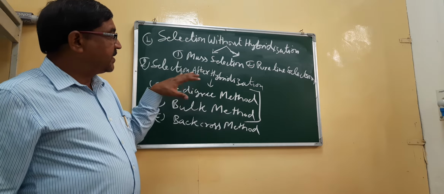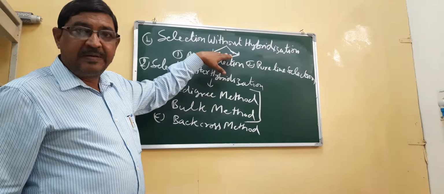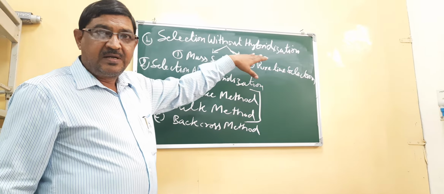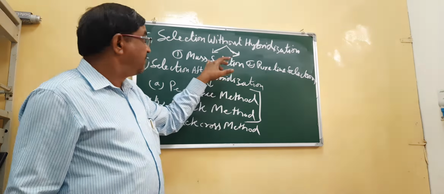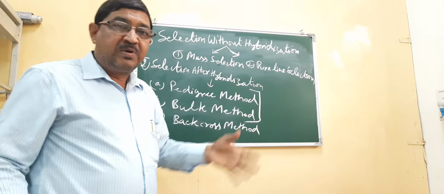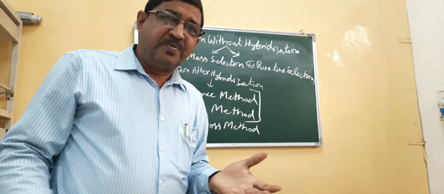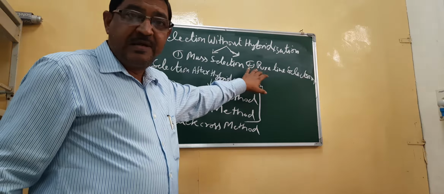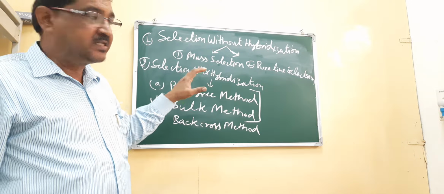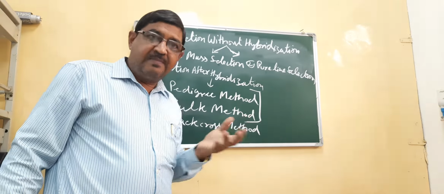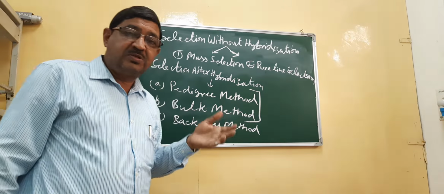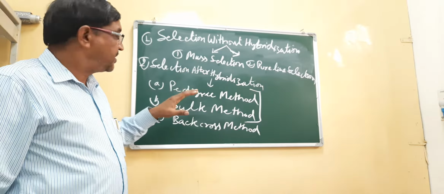So you see that here you can exploit the natural variability present in the population through mass selection and pure line selection. But you cannot expect more progress through these methods to have high yielding varieties. Of course, from this you can think about some, but not very much.